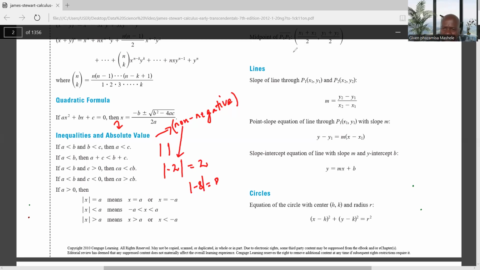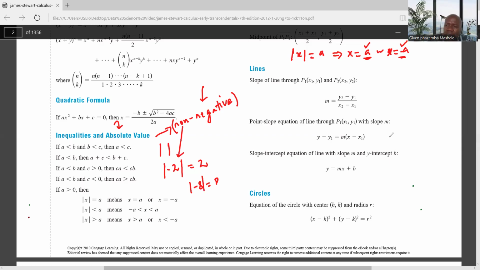If they say the absolute value of x equals a, you must know that it means x equals a or x equals -a. Whether you use a positive number or a negative number, once you apply it inside the absolute value, a positive value or a negative value always gives us a positive value. These are the things that you need to be able to understand.